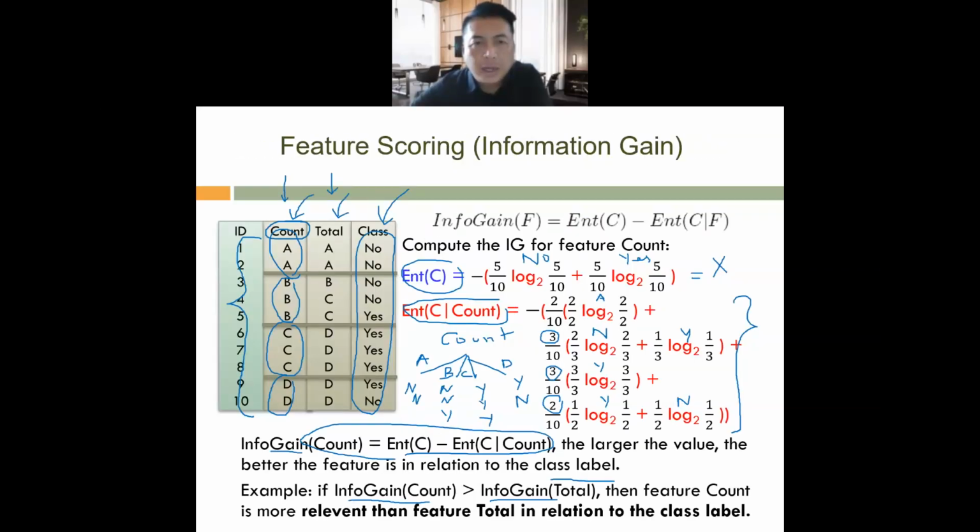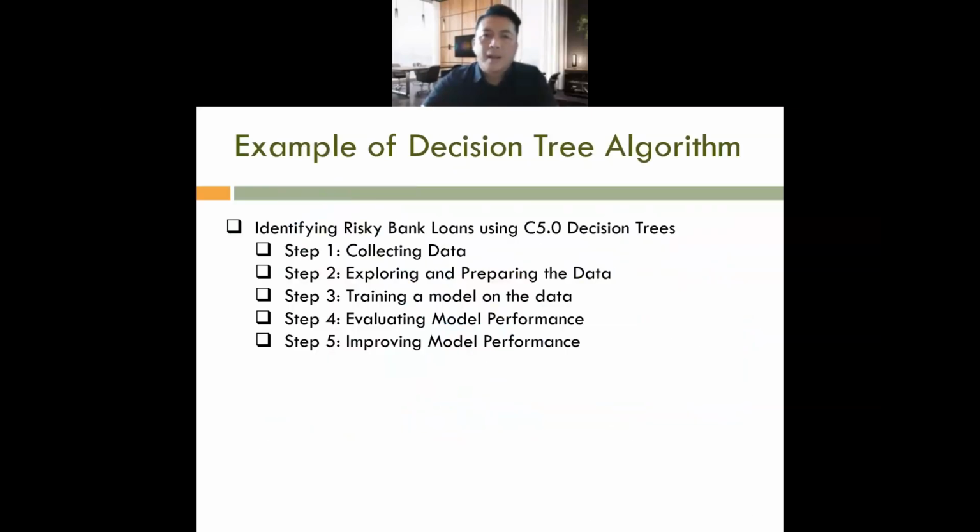Okay, so this is the underlying task that will be performed when you want to construct the decision tree. But when you apply the decision tree to analyze your data, you will not see the whole process. But now, at least you know what's going on behind the process of the decision tree. Okay, so now let's take a look at how we actually perform data analysis using the decision tree. Okay?